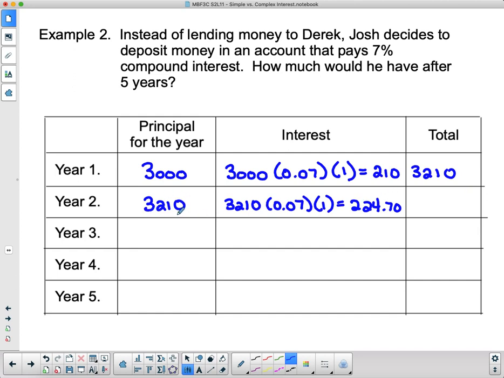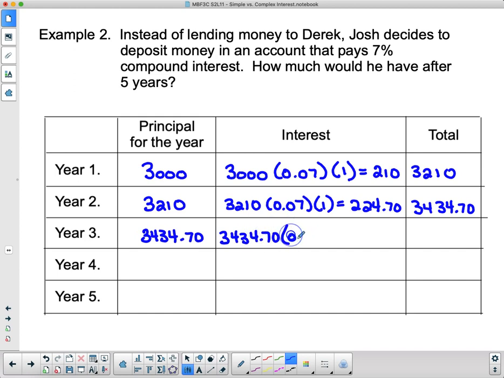So 3,210 plus 224.70 is a grand total of $3,434.70. Now this is what he invests in the next year: $3,434.70. And we're going to do that calculation again.